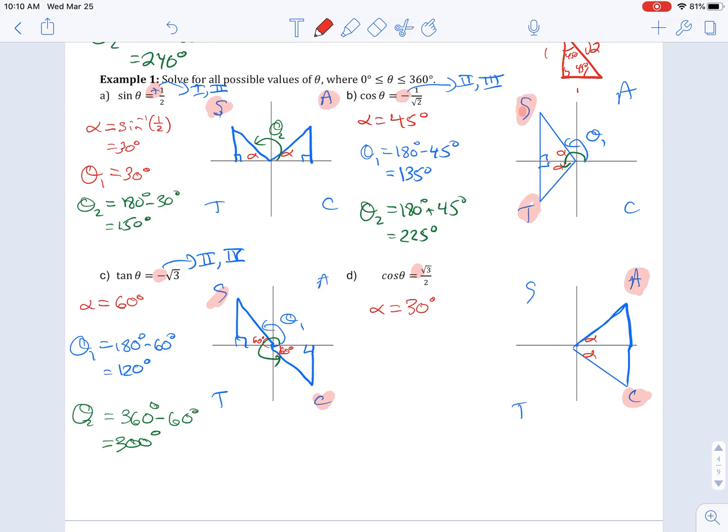You can use your calculator to double check. So my first angle, theta 1, is the related acute angle. My second angle, which wraps all the way around, theta 2, again, because we're in that quadrant, we're going to use 360, and I end up with 330.